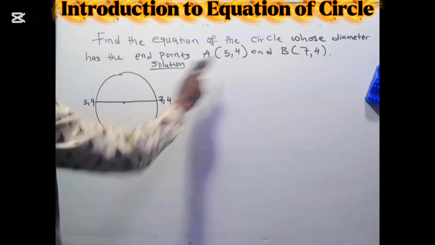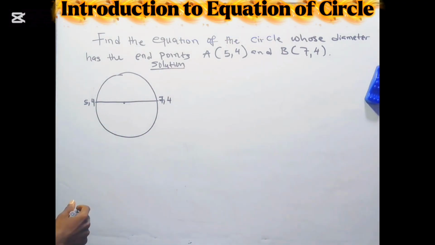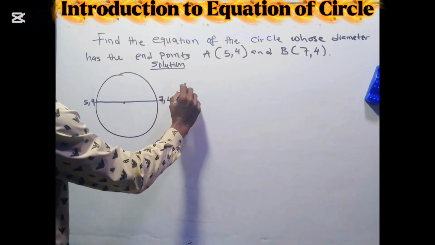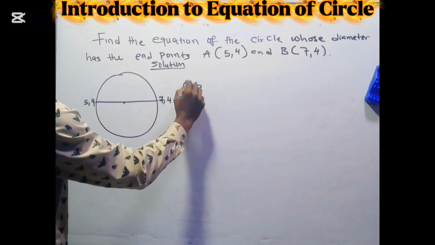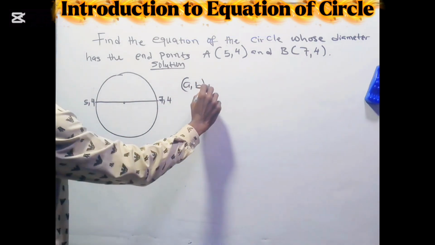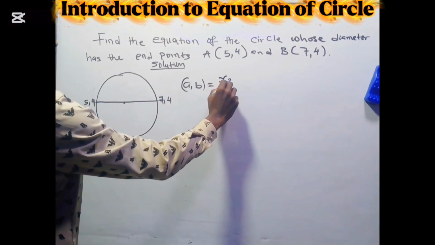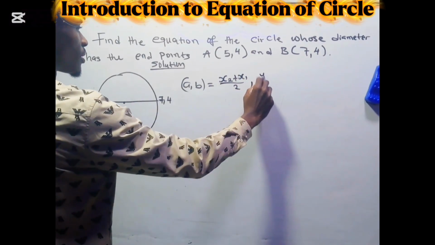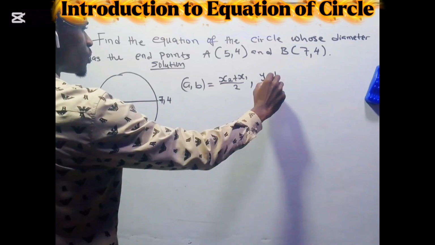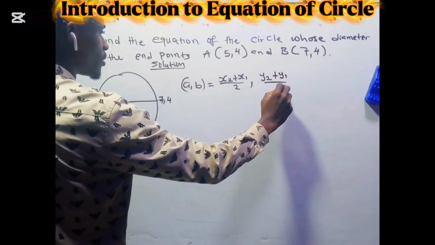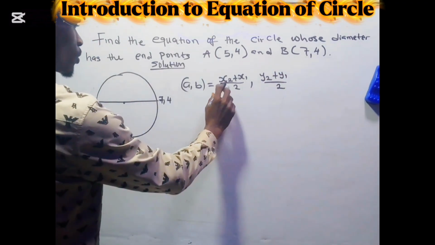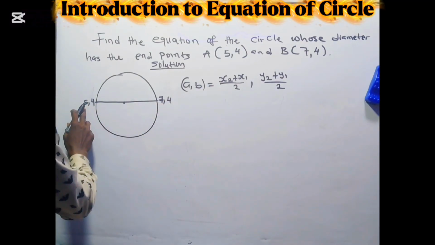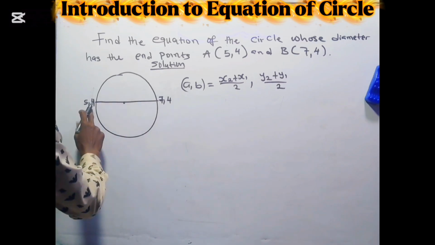First of all, what is the center of the circle? We don't know the center of the circle. So to find the center of the circle, let's use the midpoint formula that says (a, b), which is the center of the circle, will be equal to ((x2 plus x1) over 2, comma, (y2 plus y1) over 2). So what is x2? x2 is 7, x1 is 5. y2 is 4, y1 is 4.